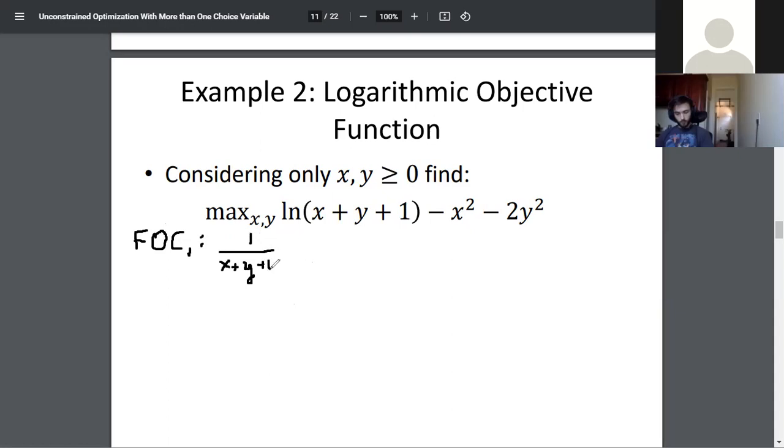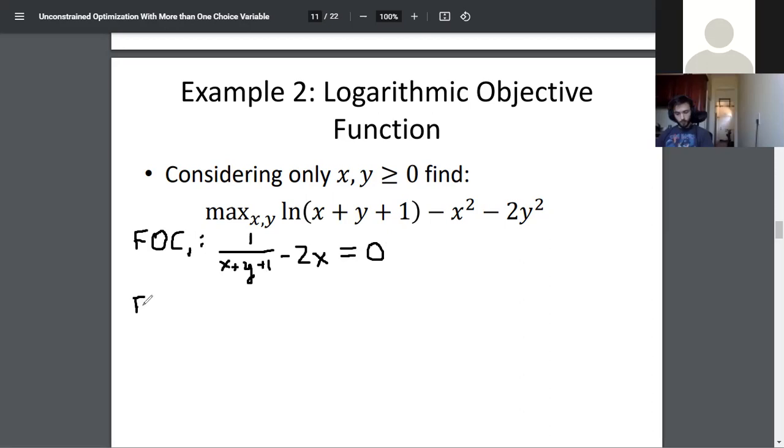Almost done, almost perfect. That itself is not the first order condition. Equals 0. You've got to have the equals 0 because otherwise you're telling me the partial derivative with respect to x, but you're not telling me the first order condition. But that is good.